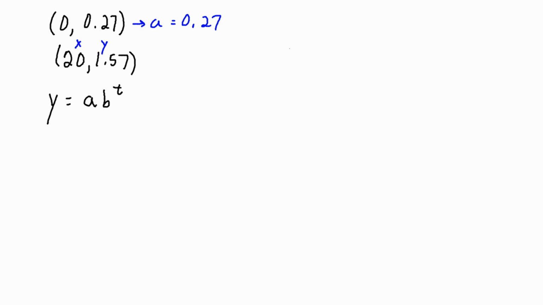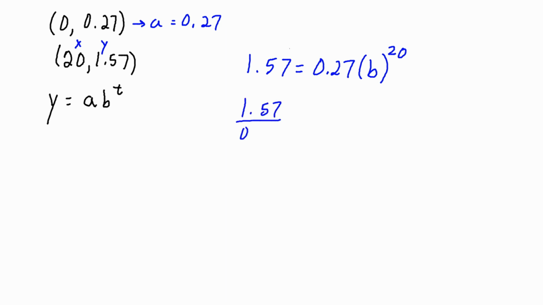Substituting, we have 1.57 for the y, 0.27 for the A, we don't know B, and t is 20. Can divide both sides by 0.27. To get rid of my exponent, I need to take it to the 1 over 20th power. I have to do that to both sides.